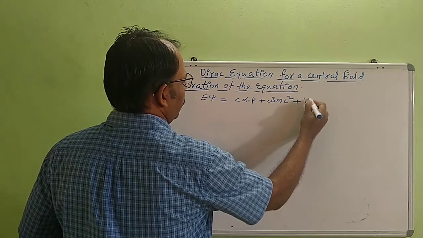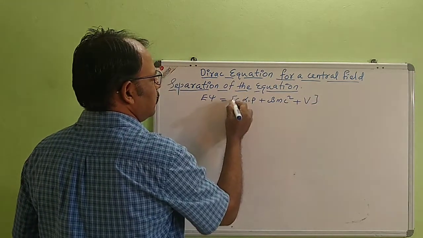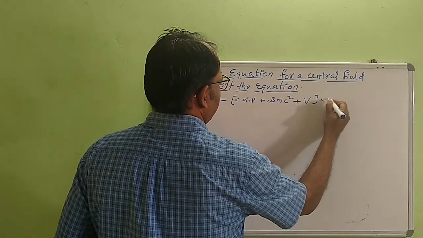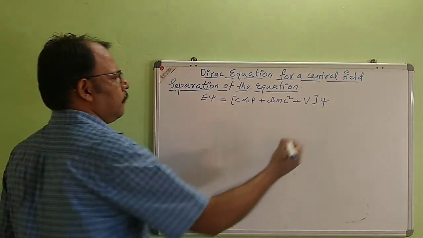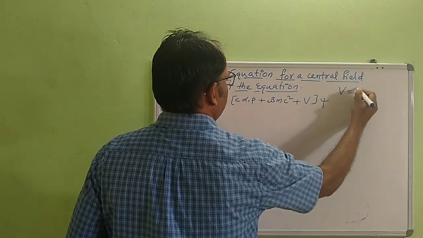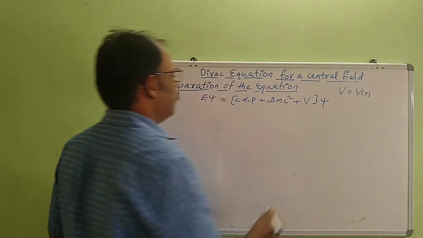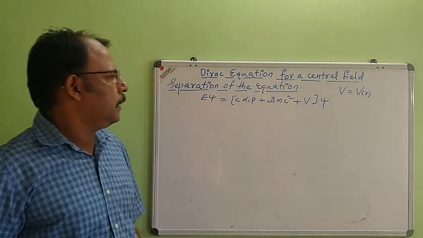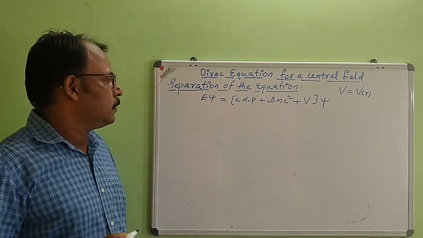For a potential V, we can write it as (C alpha dot P plus beta mc square plus V) psi. For a central field, we can take potential V as a function of r only. Now we solve the Dirac relativistic wave equation for a central field.